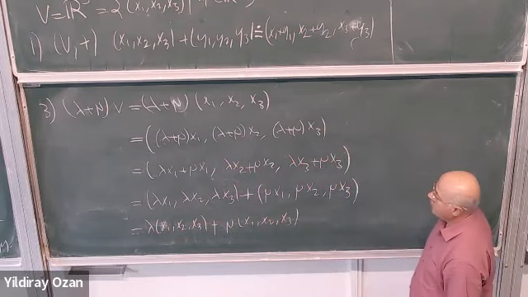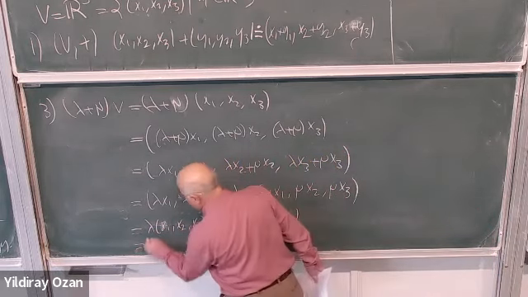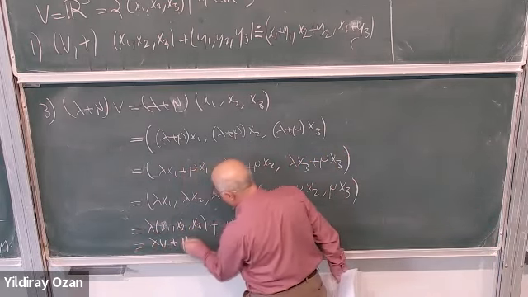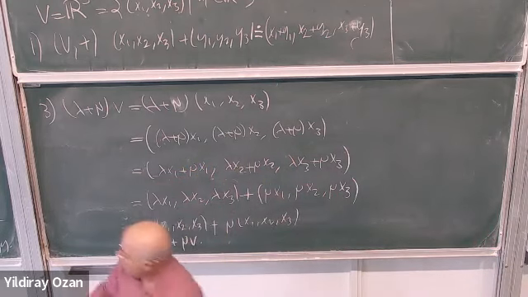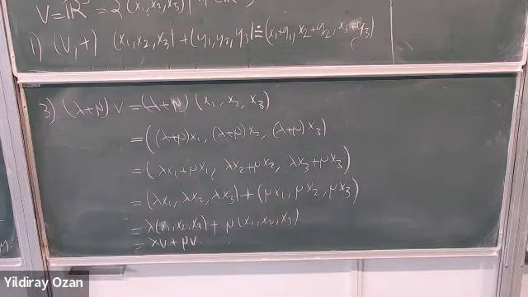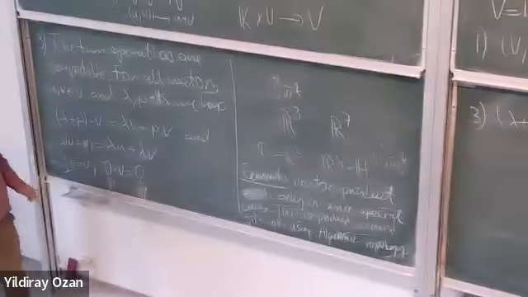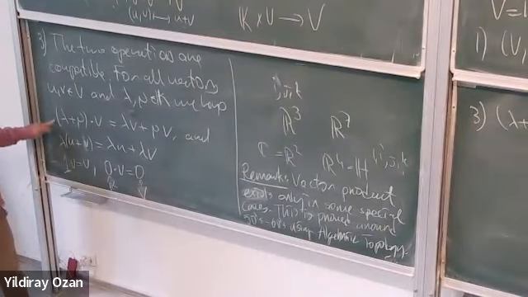So this is just lambda times v plus mu times v. So this is just the first property I stated over here.